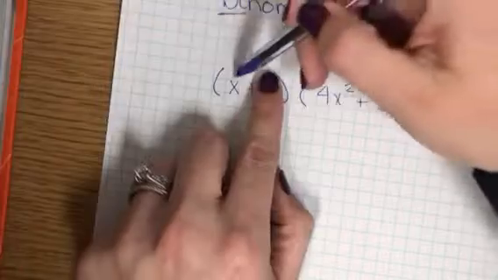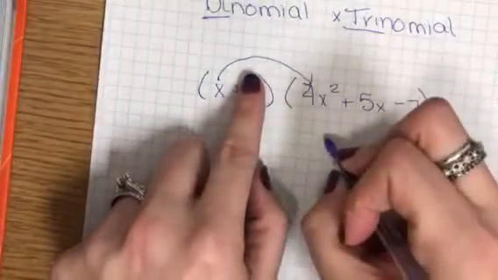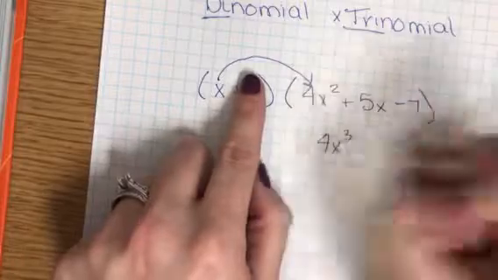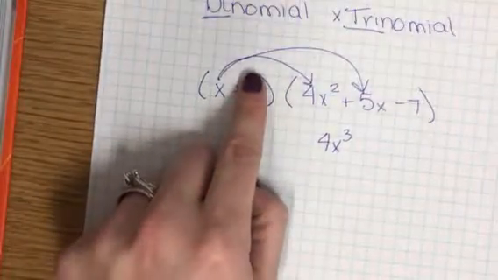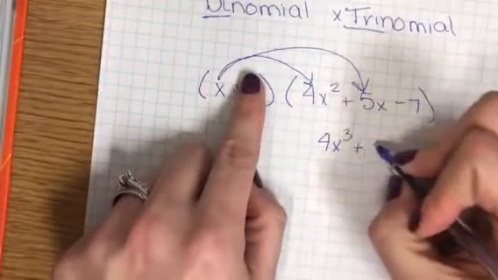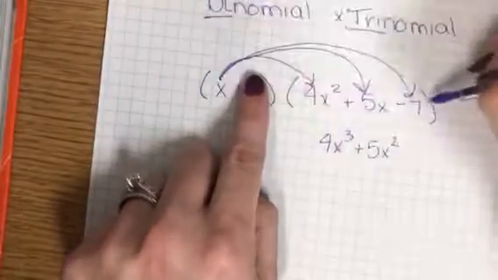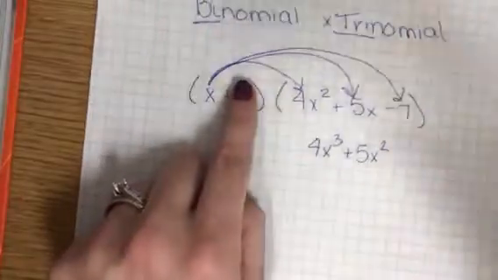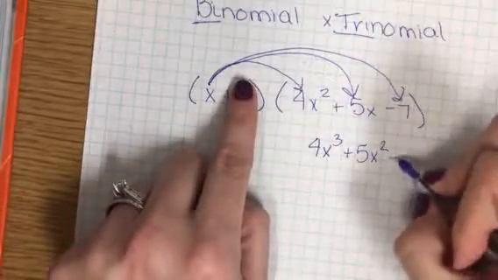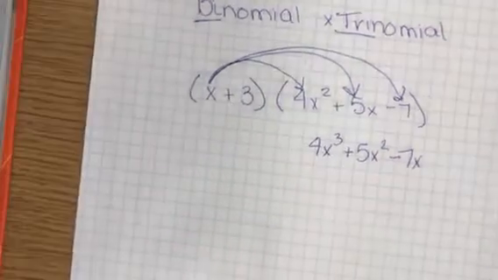As I start distributing, x times 4x squared will give me a 4x to the third. x times 5x is going to give me a positive 5x squared. I just now need to distribute it one more time since there's 3 pieces to distribute to. So x times negative 7 will give me a negative 7x.